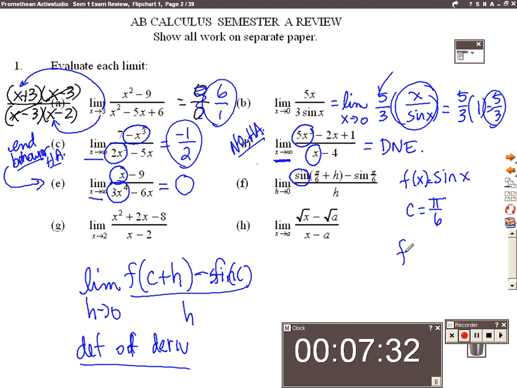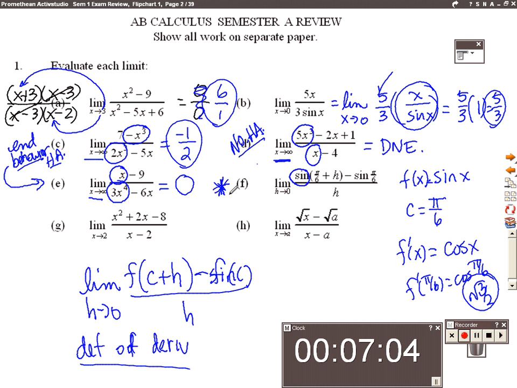So if I find the derivative of sine x, I get cosine x, and if I evaluate cosine x at pi over 6, which remember is 30 degrees, the cosine of 30 degrees is root 3 over 2. So again, that one is a special limit. It's asking me to find the derivative, but it's kind of a sneaky way. They're expecting me to remember that that's the definition of the derivative.